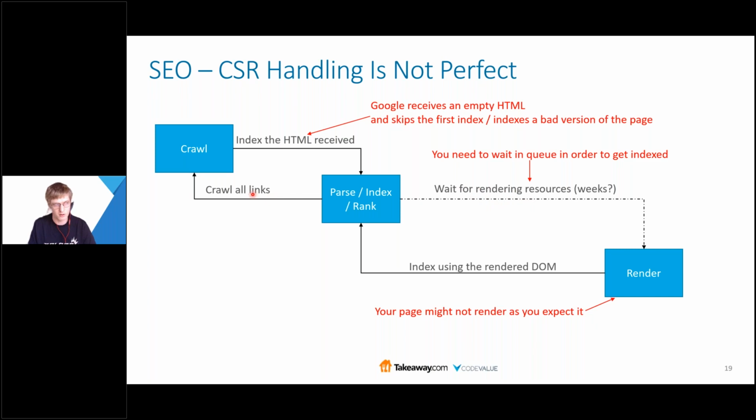Also, for example, if you have a lot of links and you want Google to crawl all these links, if you will wait a week for every other layer of links that Google crawls, it also might be problematic. But usually, I think the most important thing is the waiting for rendering resources. Google renders your web page pretty well today.